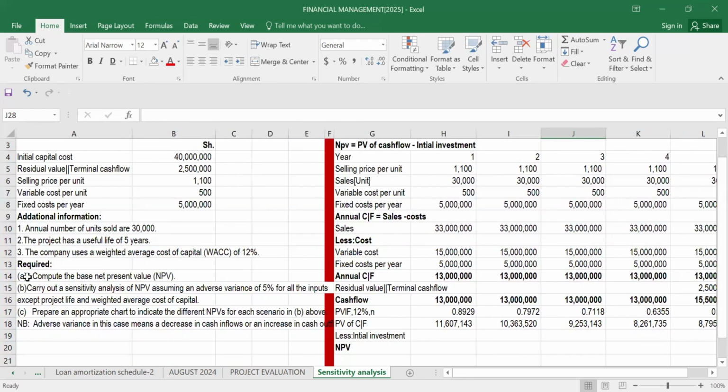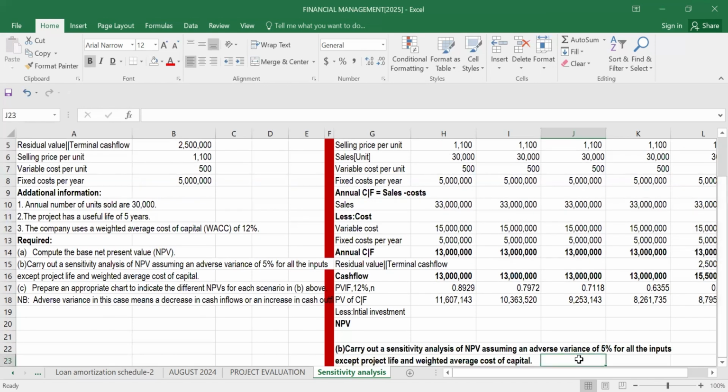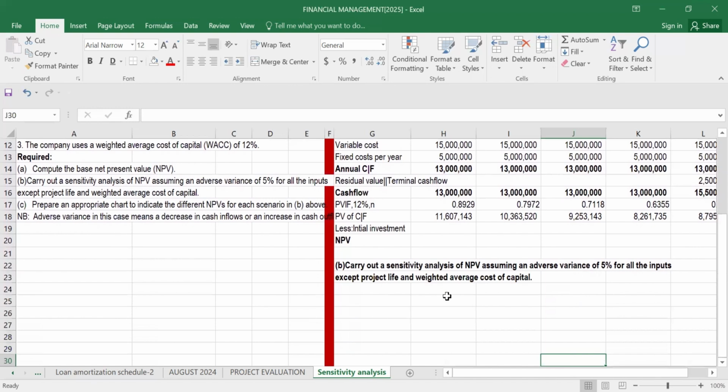We have computed the base NPV, so basically assuming that none of the variables here will change. But in this case now, we are told to assume all the variables will change adversely with 5%, and actually compute the new NPV. So the first thing we must have here is to start with the base case.